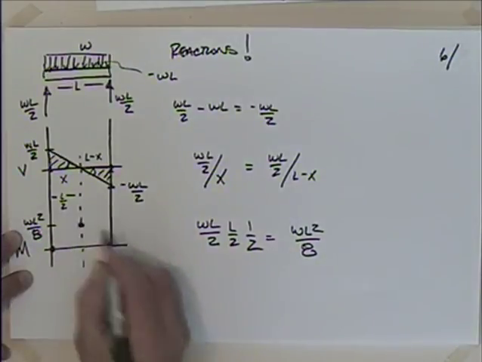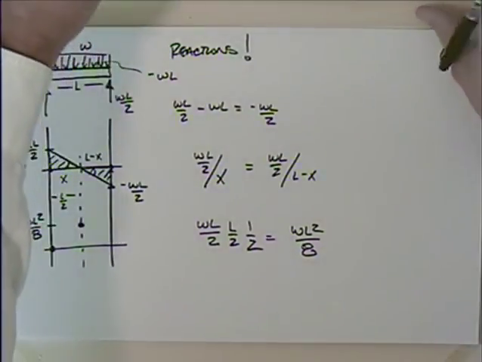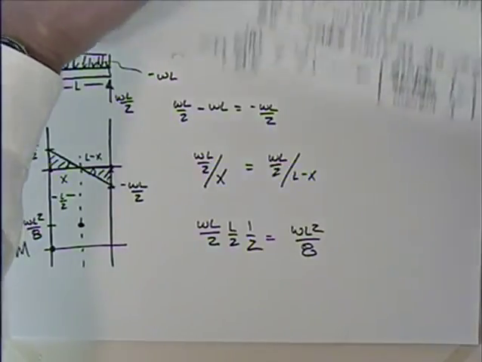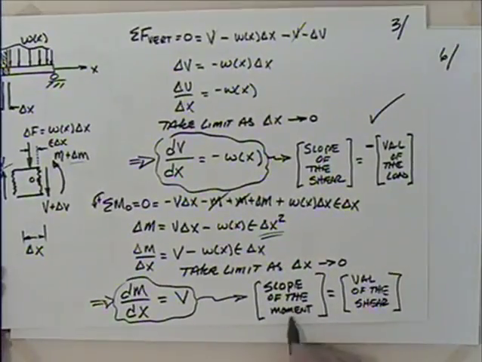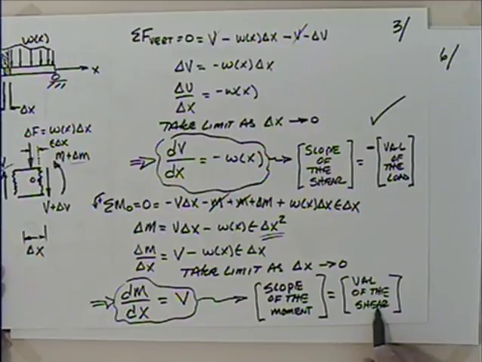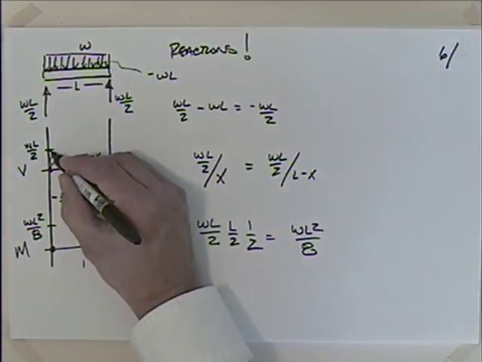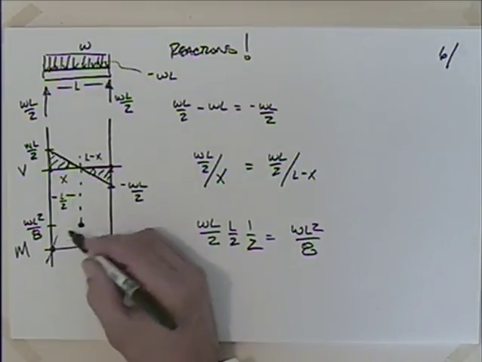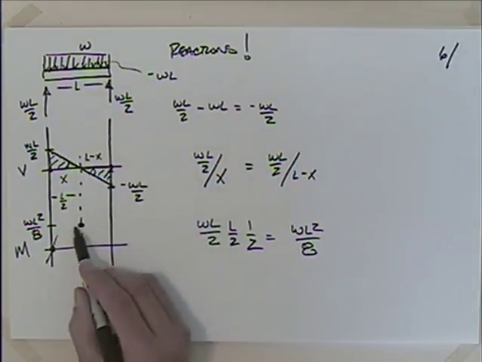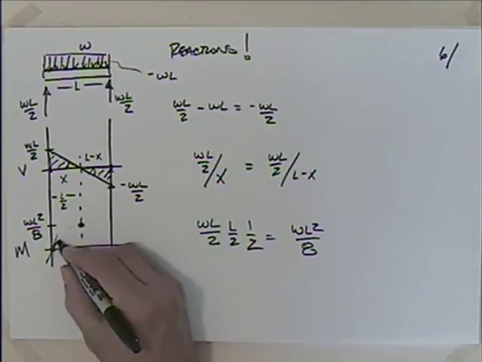And how do I get there? Well, it says that the slope of the moment is equal to the value of the shear. We have a large positive value, so I'm going to have a large positive slope. I have a small positive value, so I have a small positive slope. So it'll just go in just like that.